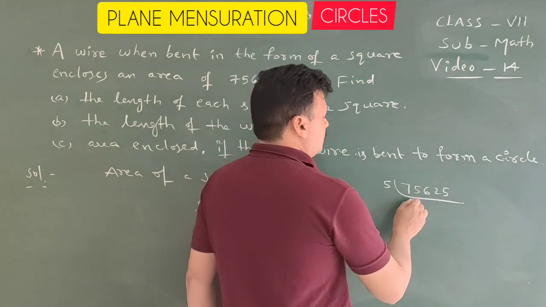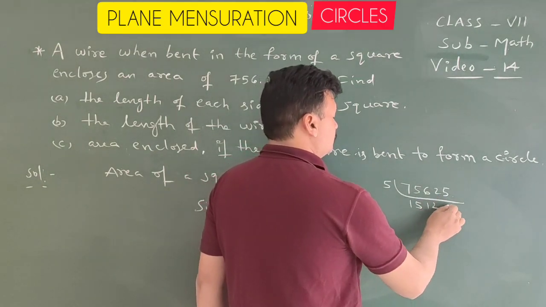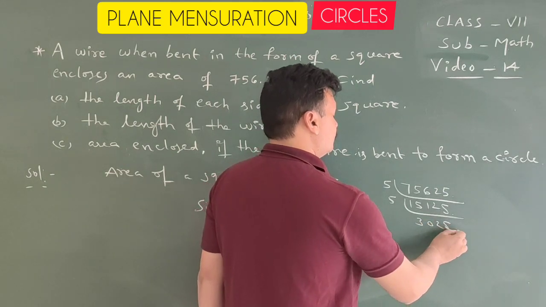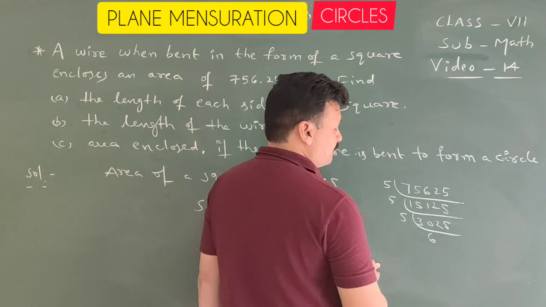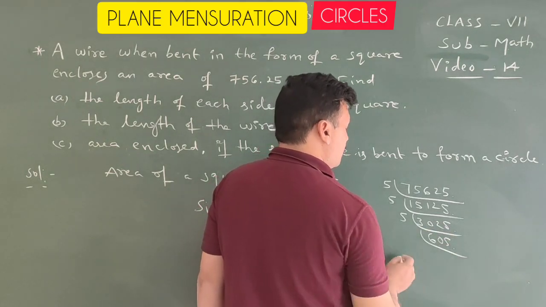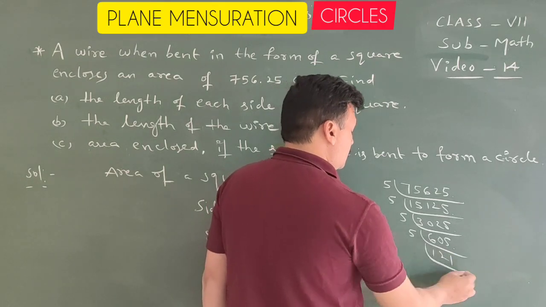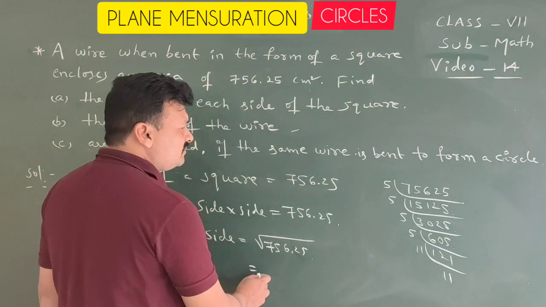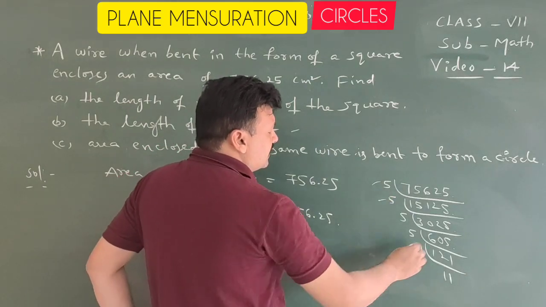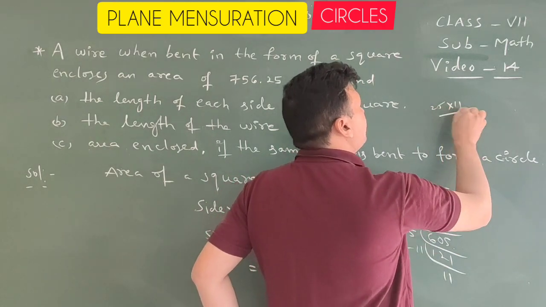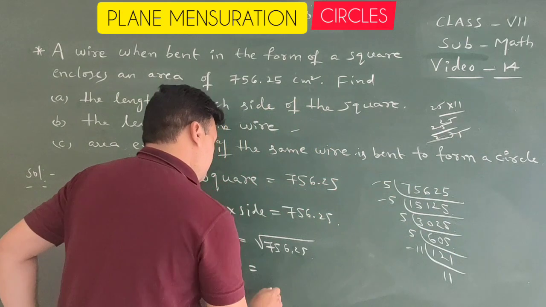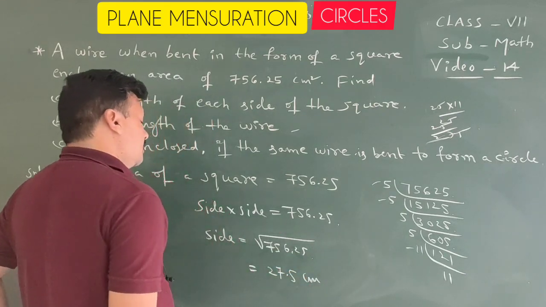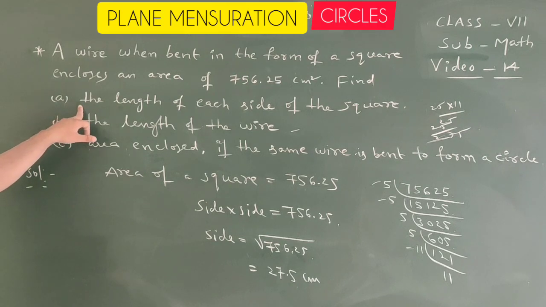Here 5 5s are 25, 5 1s are 5... here the square root is 5, 25 and 11. 25 11s are 275, meaning 27.5 centimeters is the length of each side of the square.